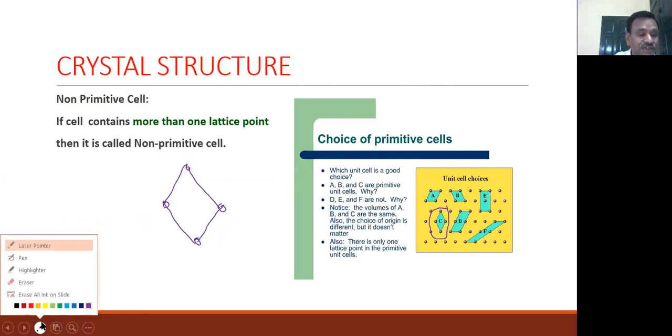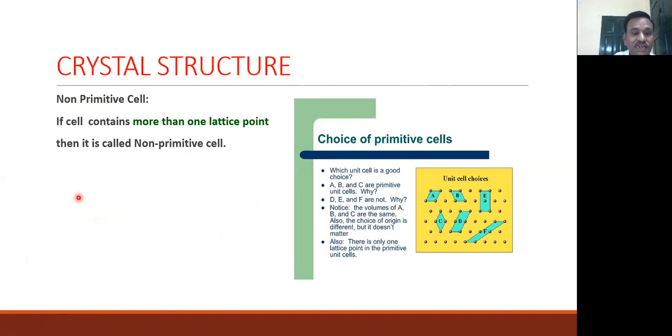For example, here you see E in this diagram. One lattice point is there at the center. Of course, atoms are there at the corners, 1, 2, 3, 4. Apart from that, it has one lattice point at the center.